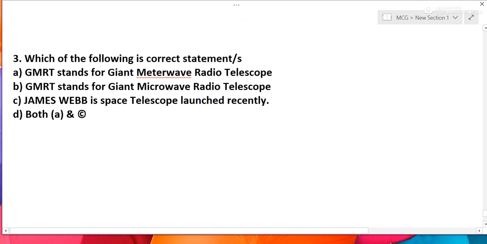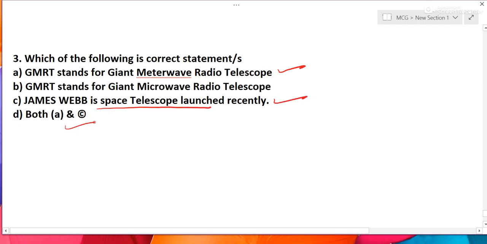Which of the following statements is correct? GMRT stands for Giant Meter Wave Radio Telescope or Giant Microwave. So meter wave is correct. They must have mentioned it in the paragraph. This is correct. And this is a space technology launched recently. So A and C are correct.